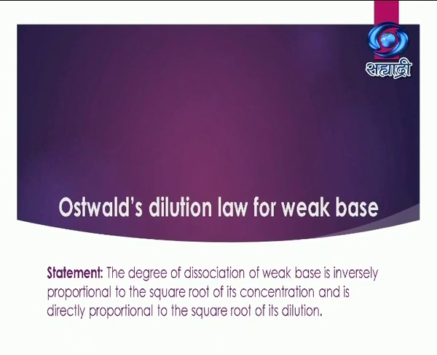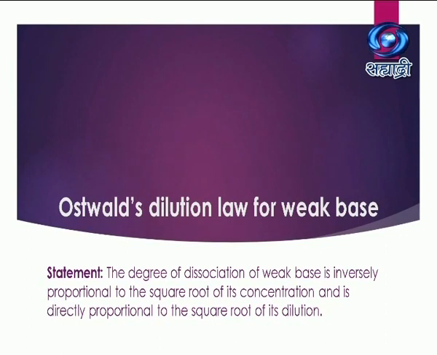Now let us consider Ostwald's dilution law for a weak base. Now remember students, if you remember Ostwald's dilution law for a weak acid, then Ostwald's dilution law for a weak base is exactly the same. The derivation is also the same. The only thing different is the species which are considered. So let's consider this. The degree of dissociation of a weak base is inversely proportional to the square root of its concentration and is directly proportional to the square root of its dilution.